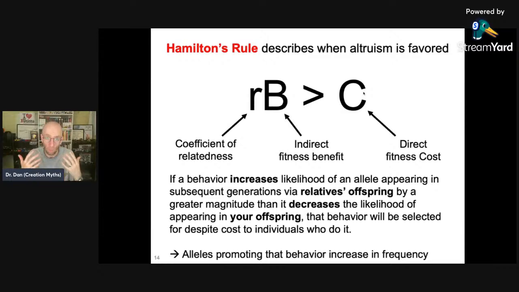And that means they're being selected for. That's what to be selected for means, right? They're increasing in frequency due to differences in reproductive success. So this is just very bare bones population genetics math that explains how altruistic behavior can ultimately be selected for.